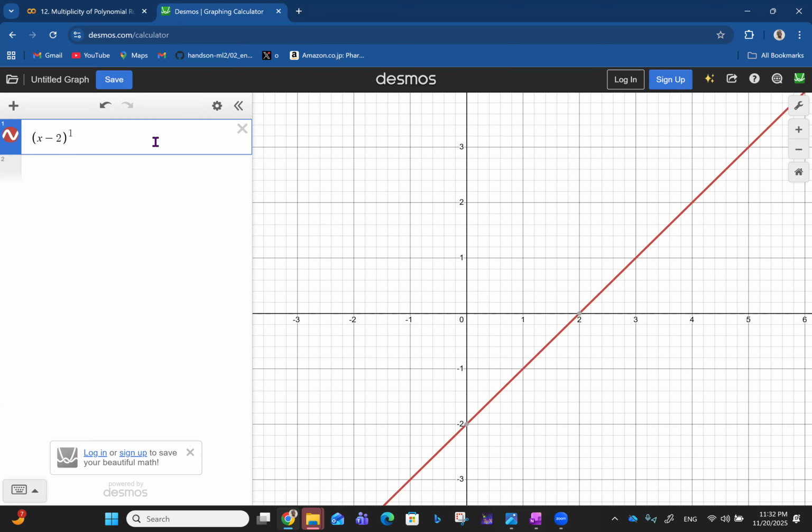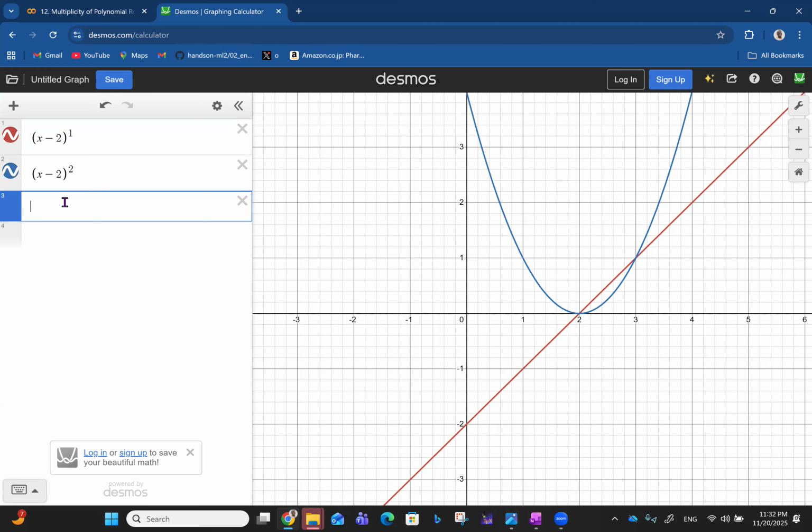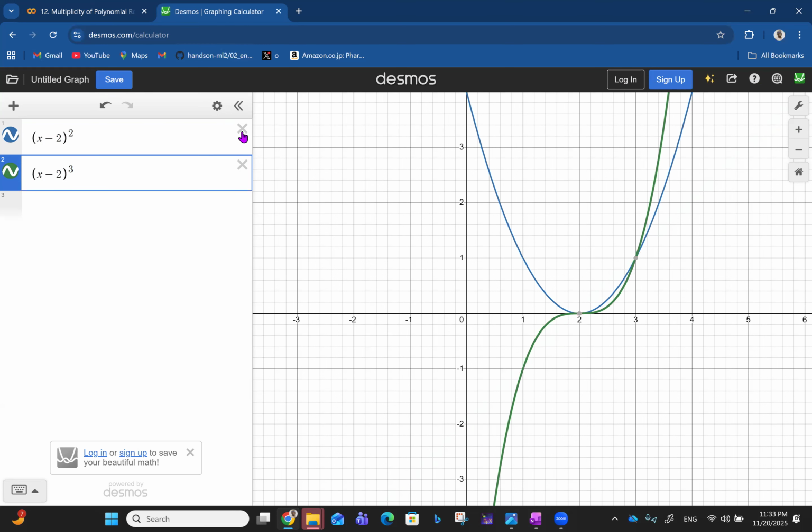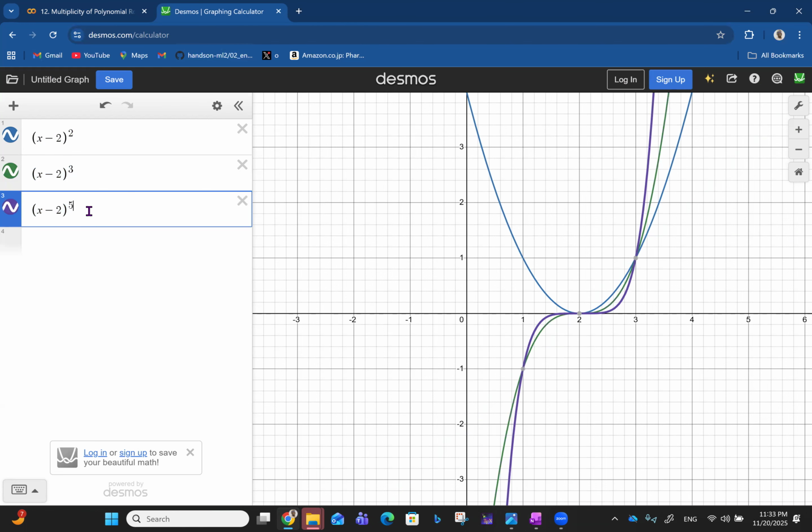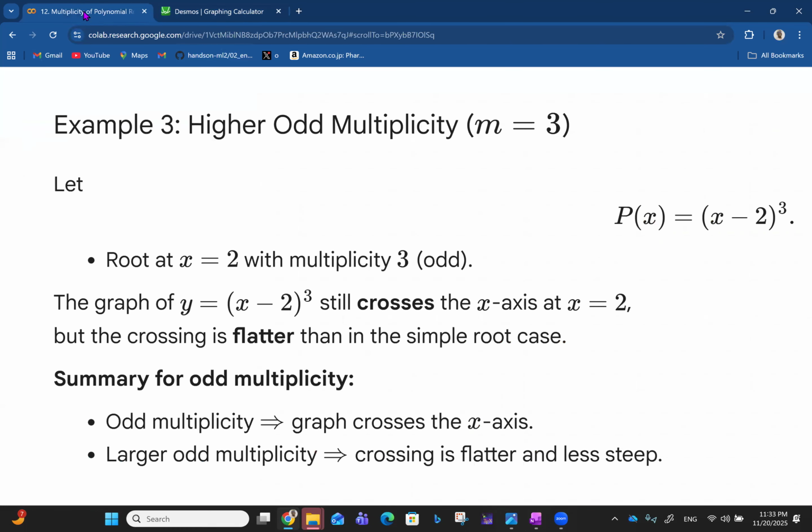It just cuts like that, right? Then for 2, it just touches. Then for 3, which is the emphasis now, it gets smoother. Then instead of 3, it now goes to 5. So it just keeps getting smoother and smoother like that.